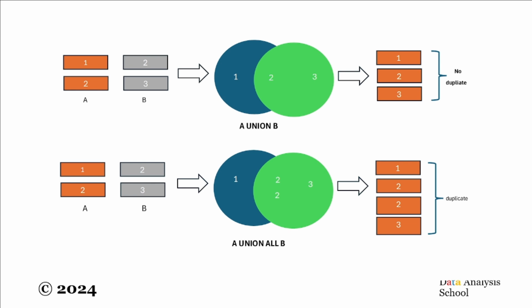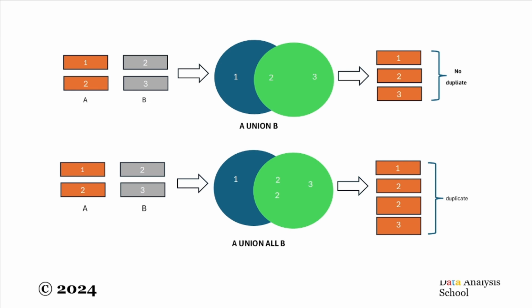The union is different from the join, right? The join combines columns of multiple tables, while the union combines rows of the tables.